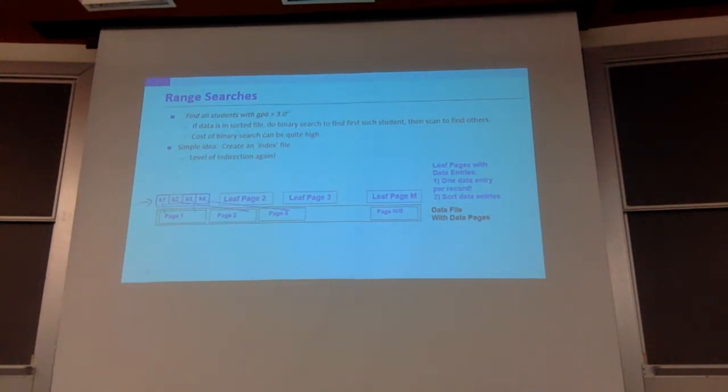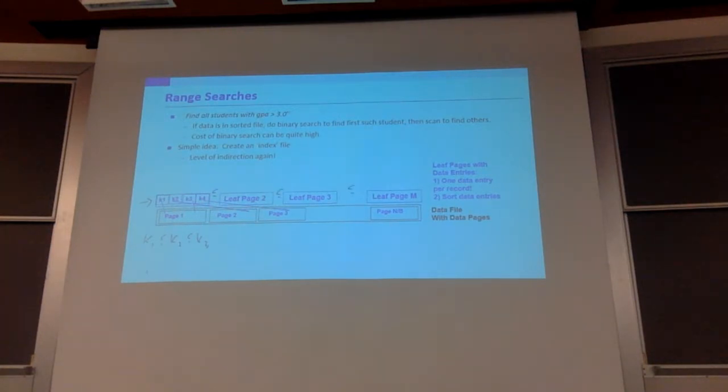In each of these pages, you have a bunch of data entries, and they are sorted in this level. So let's just say K1 is smaller than or equal to K2 and K3, and so on, and K4 is smaller than or equal to any key on this K2, and so forth.